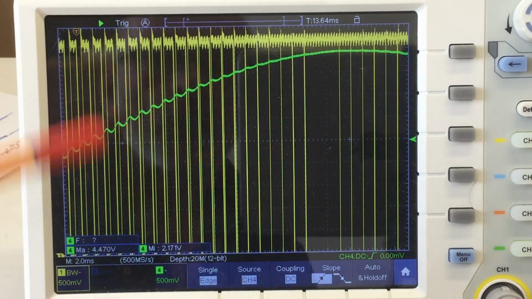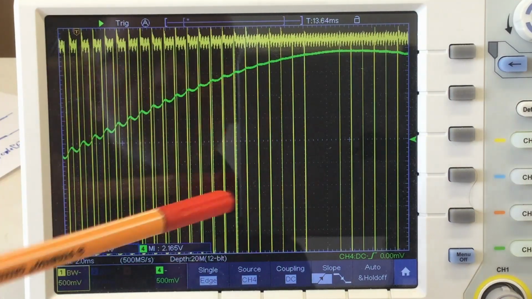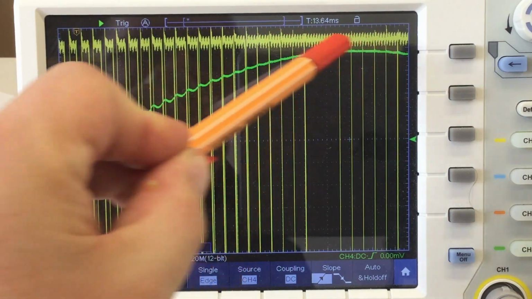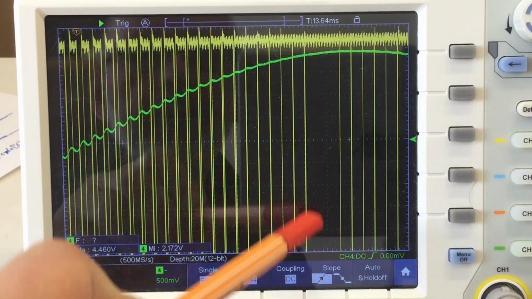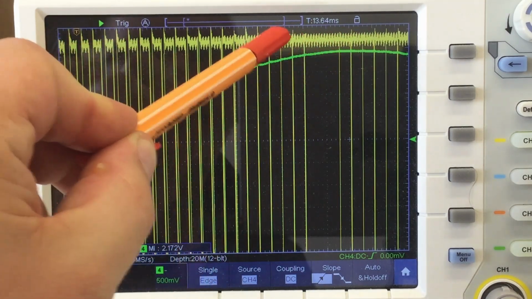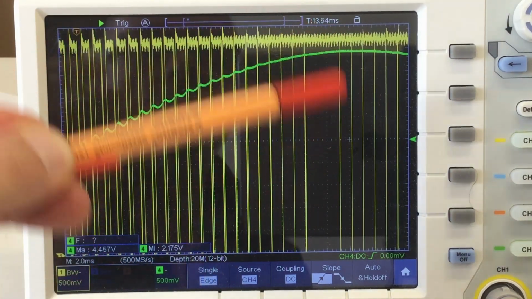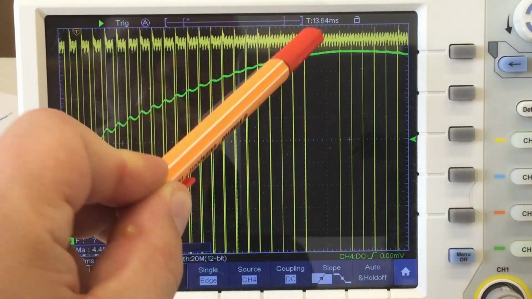If we have a zoomed in look at the oscilloscope, what's going on, we see here as we approach the top of the sine wave, our PWM signal is always on, giving us the maximum analog value.